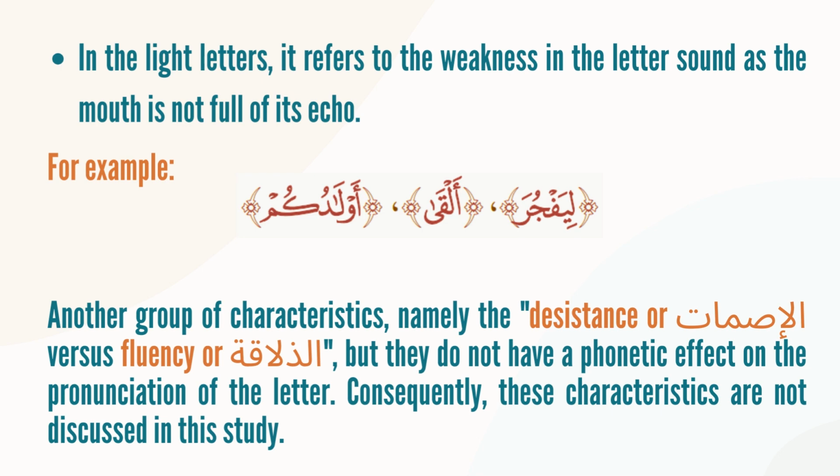And here it refers to the weakness in the letter sound as the mouth is not full of its echo. For example, vowel fa in ليفجر, vowel lam in ألقى, vowel واو and vowel ميم in أولادكم.